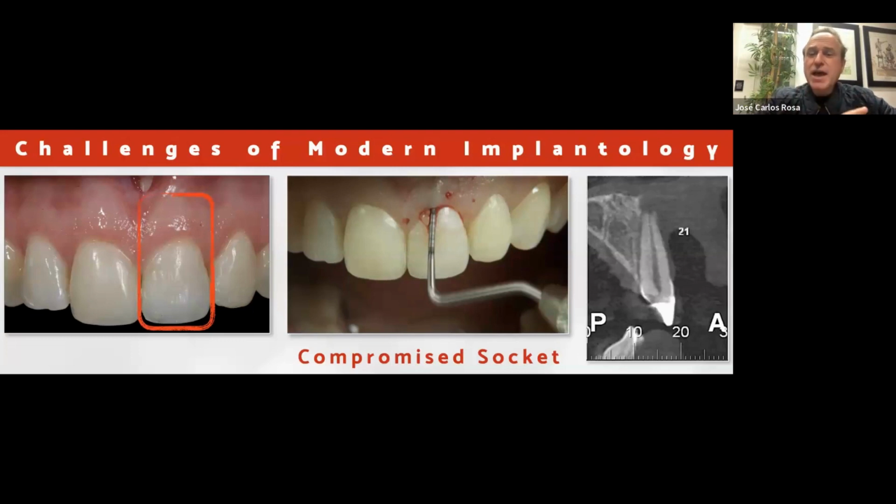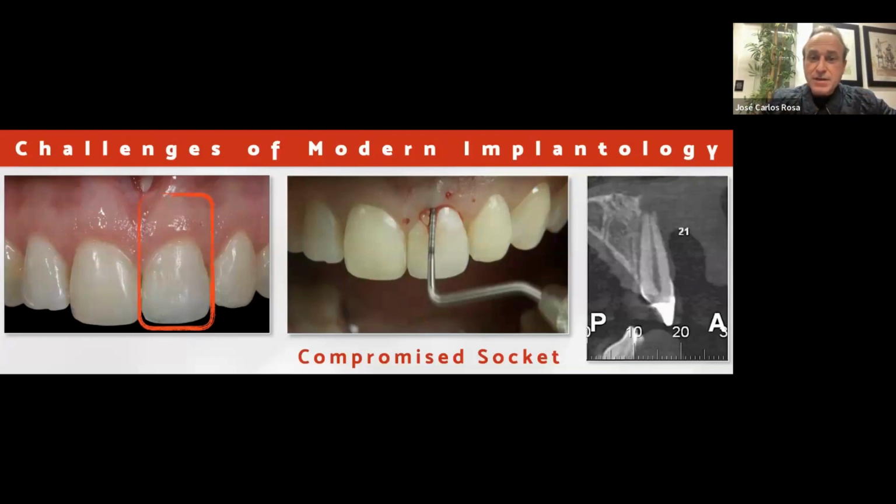This patient had an accident, and this tooth came out, and she tried to reinsert this tooth. She tried to save this tooth, but she did not succeed. And she was suffering with pain and mobility, extra mobility, because we didn't have the presence of the buccal wall anymore.